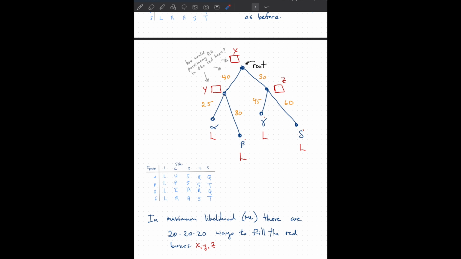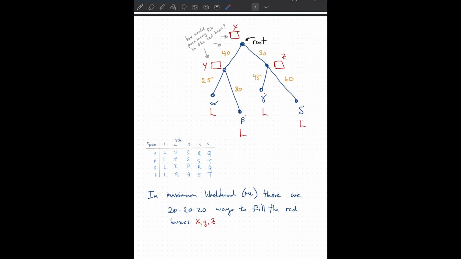Okay, but now in total, for the first position, in the maximum likelihood, we consider all possible scenarios. So there's 20 different amino acids that could go here, times the 20 that could go there, times the 20 that could go there.